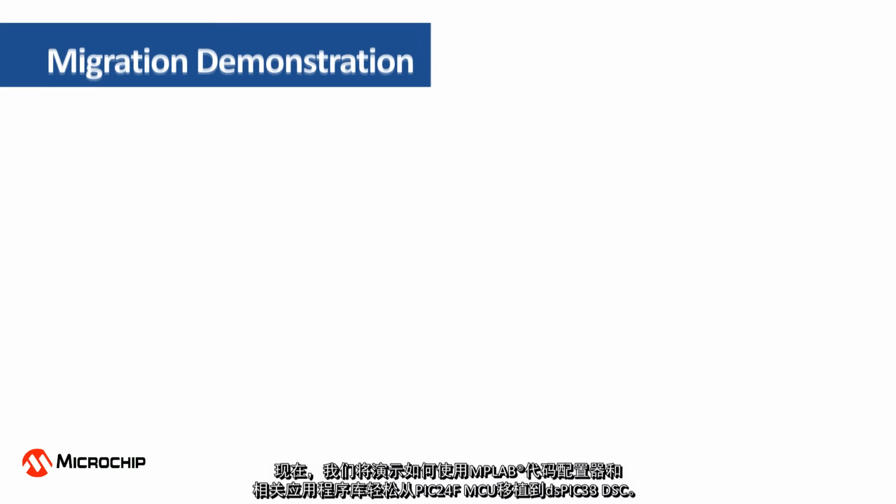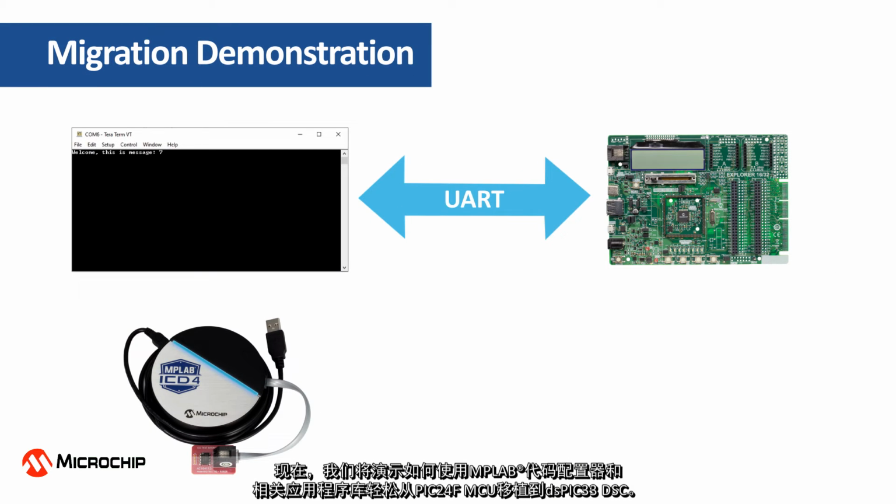We will now demonstrate the ease of migration from a PIC24F MCU to a dsPIC33 DSC using MPLAB Code Configurator and the associated application libraries. In this demo, we'll create an example that uses the UART module to periodically transmit a message from a PIC24F MCU.